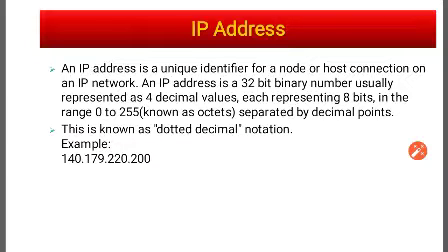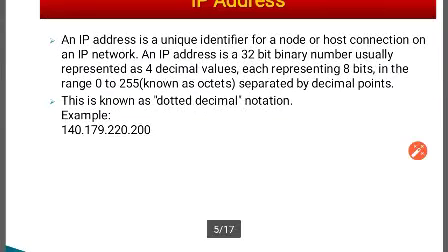In class 11, we must have done binary conversions. We know 0 and 1. We know how to convert decimal numbers to binary numbers. So that 32-bit binary is usually represented as 4 decimal values, each representing 8 bits, ranging from 0 to 255.